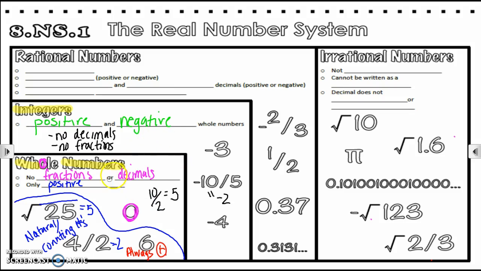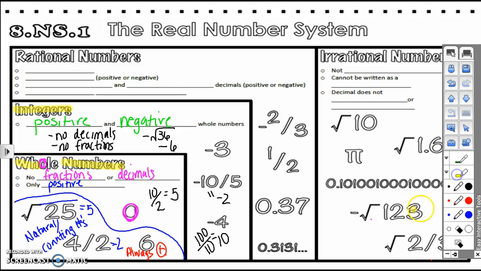We can also take a look at, let's say, the negative square root of 36. Well, 6 times 6 is 36, so the negative square root of 36 is negative 6. But we can also have positive numbers in here as well. So I can have 100 divided by 10. That's a positive 10. That's an integer as well. So both positive and negative whole numbers.